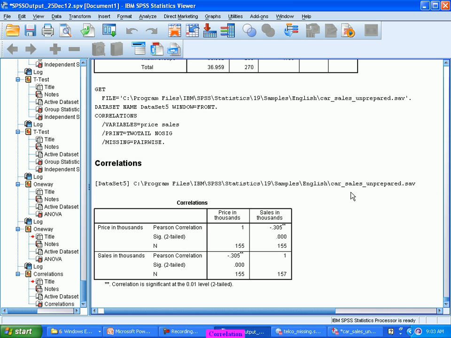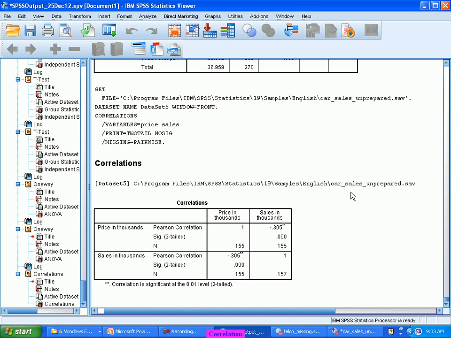So whenever we are testing for correlations here, the first thing we have to look at is the significance level. Instead of looking at the values, first observe the significance level. Is the significance level less than 0.05 or greater than 0.05?